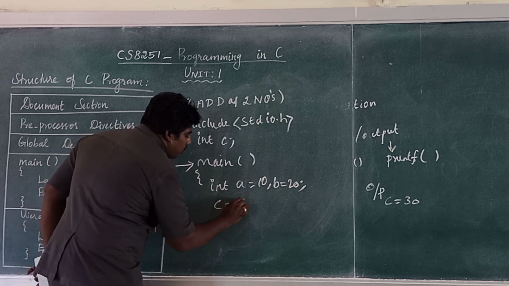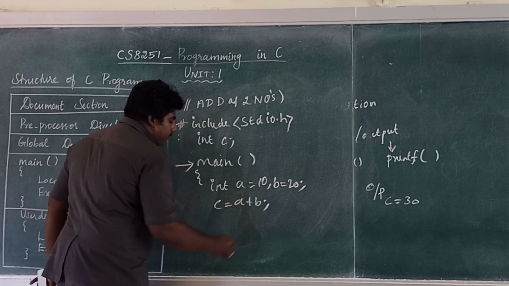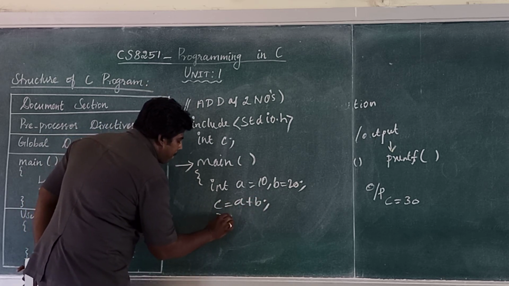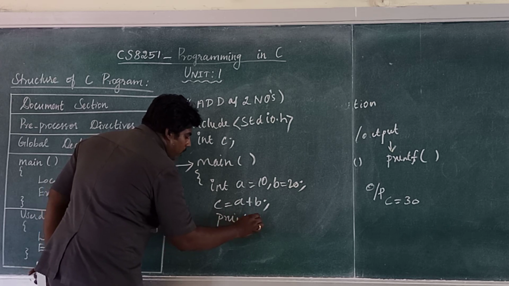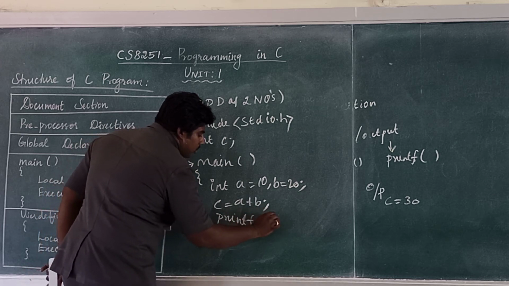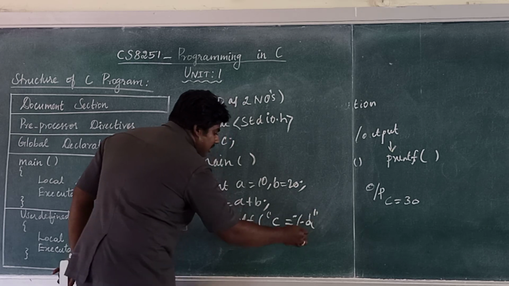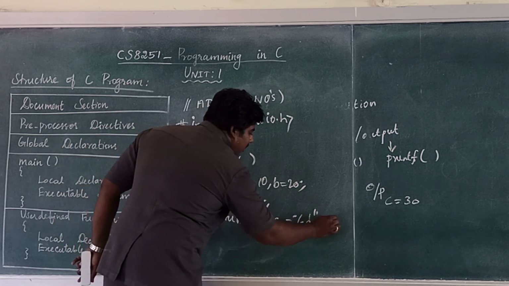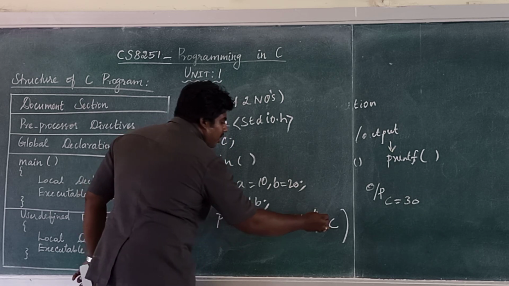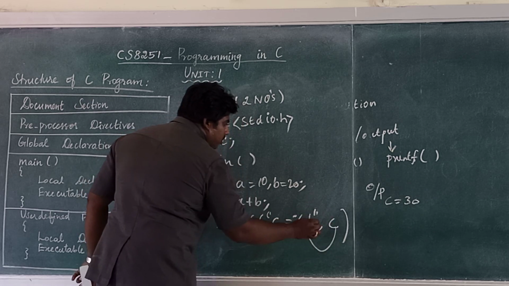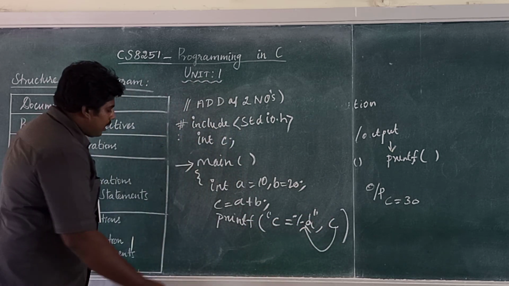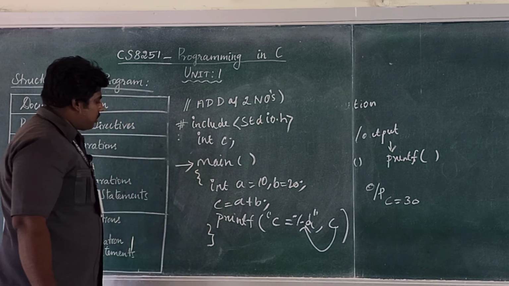C equal to a plus b. Then print. So printf c equal to %d, this is the control string, comma c. What's the value of c? 30. 30 will be stored here. Then close the curly brace.